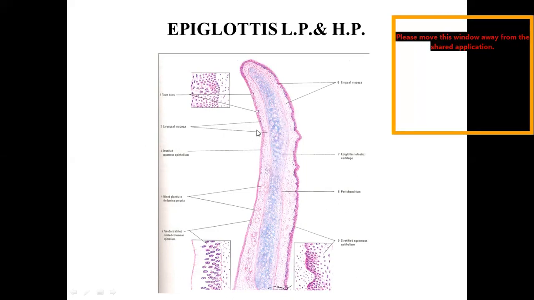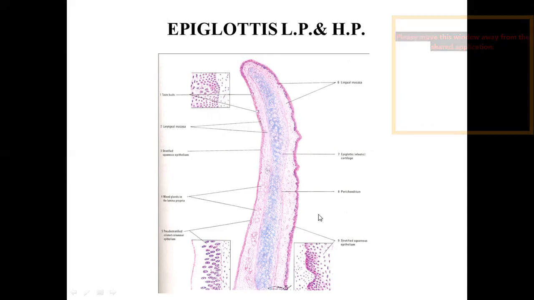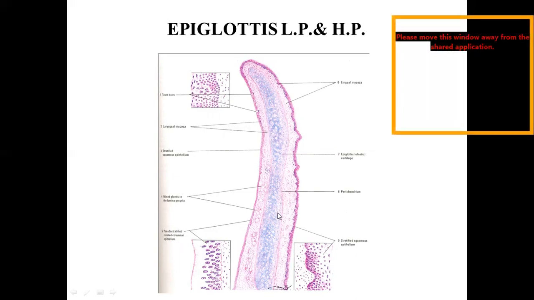The anterior surface and the upper part of the posterior surface are lined by stratified squamous non-keratinized epithelium, and the lower part of the posterior surface is lined by pseudostratified ciliated columnar epithelium, that is, respiratory epithelium.